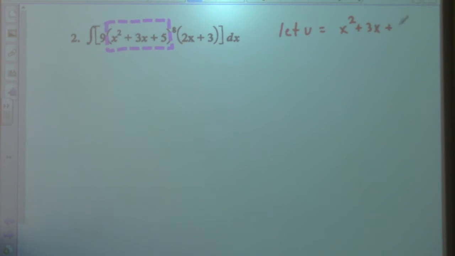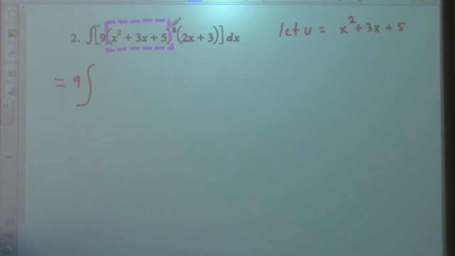And so we say let U equal x squared plus 3x plus 5. And when you do that, you have something that makes things a lot simpler, because we can rewrite this as 9. And now we've said that U is equal to this, so how can we write this in terms of U?